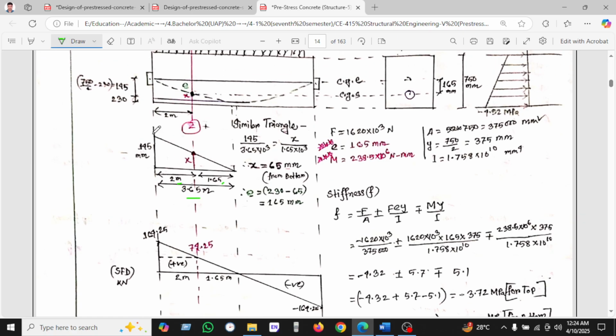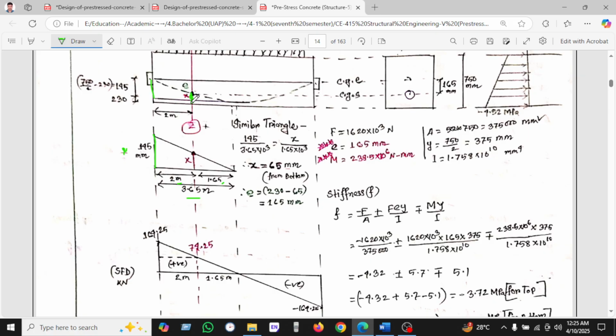And as we found this value 145, how do we calculate 145? This is the eccentricity. So we can see this as the increase intensity. Okay, so we have found here 145 intensity.